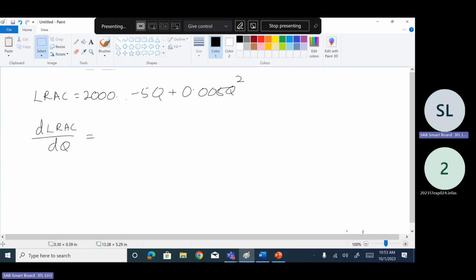Yes, minus 5Q, because 5Q is what you have been given. That is correct. So 0.005Q to power 2, by the output level, differentiated, this becomes minus 5 plus 0.01Q.